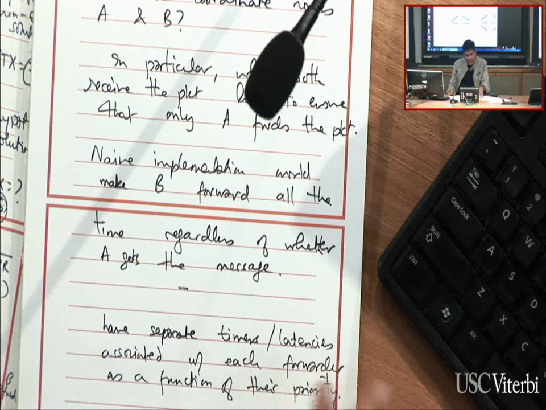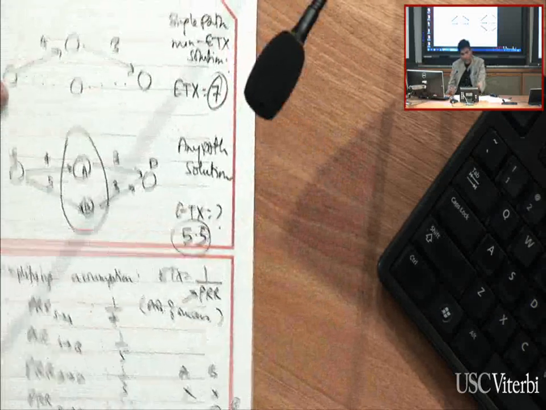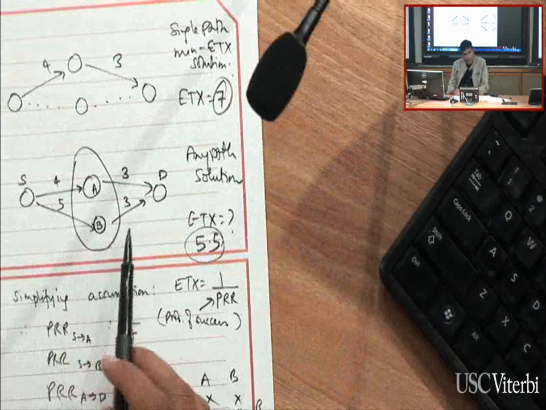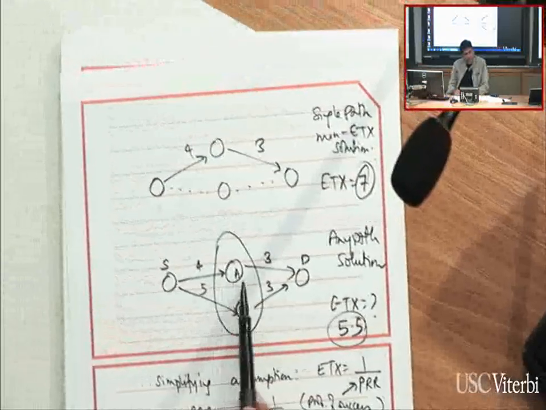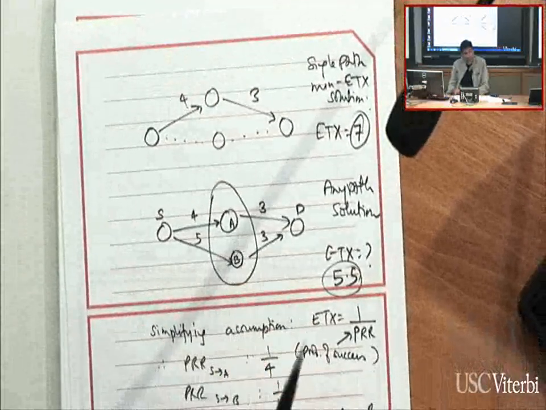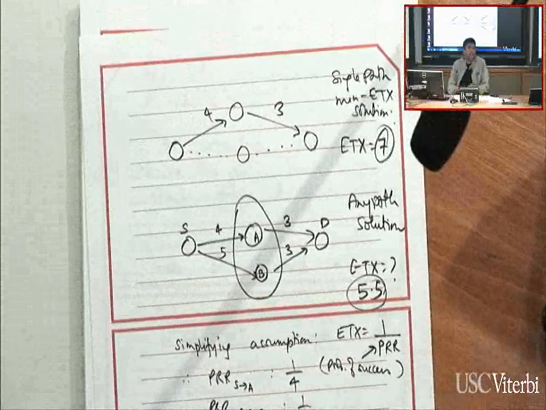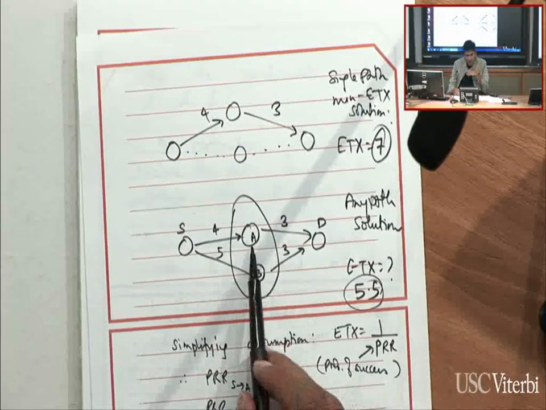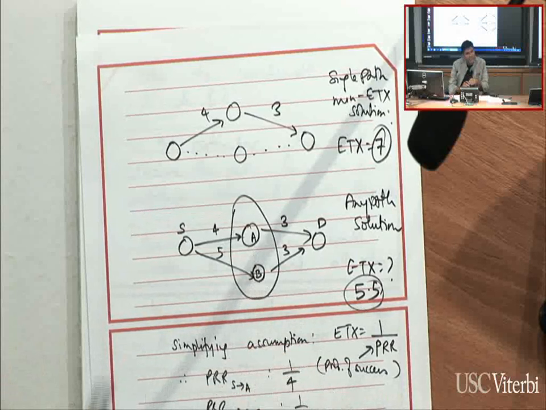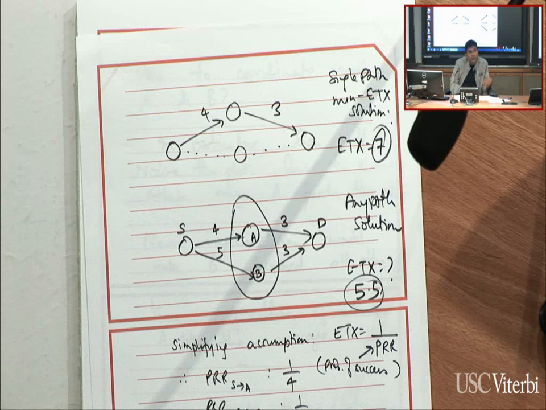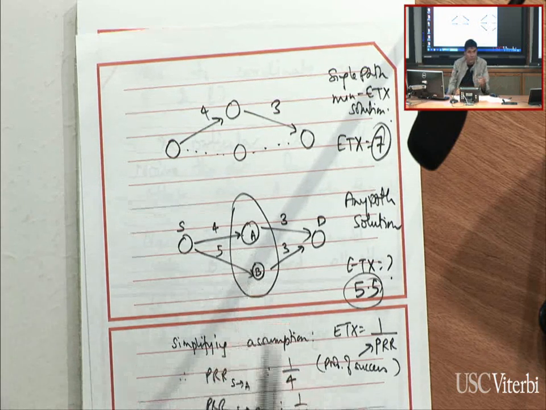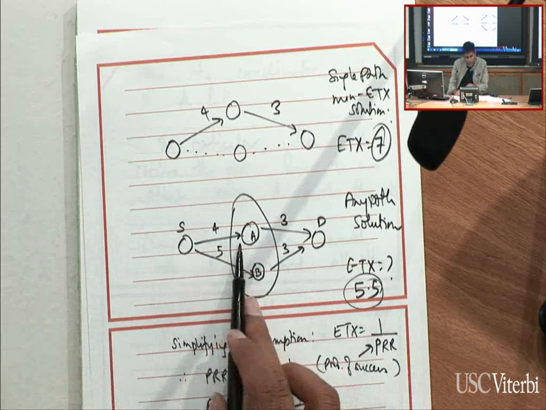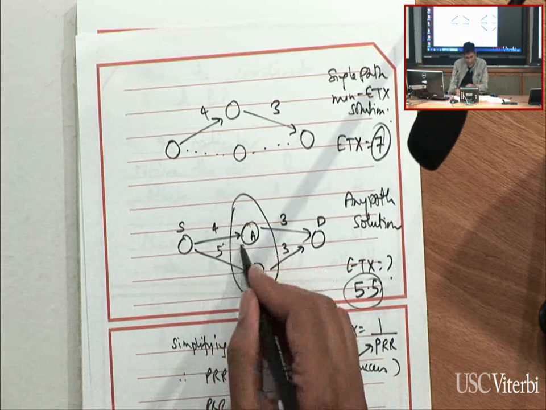So first of all, it's clear that node A, so if I'm going to potentially try to forward, what I want to do is I want to give priority to A. And so we're going to have A on a fast timer. As soon as it gets the packet, it should try and forward. Okay. The idea of giving it a faster timer is that B will get some time to figure out should it forward or not. And hopefully we'll learn whether A has forwarded or not. And so this timer can do one of two things, can do both things, which is that as soon as A gets the message, it sends an ACK back.